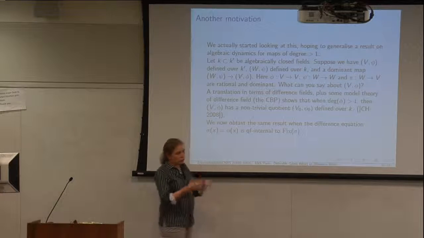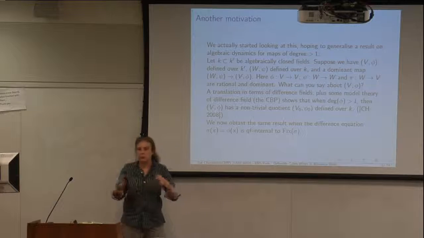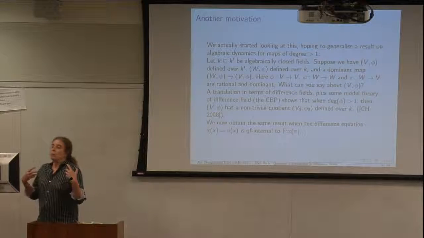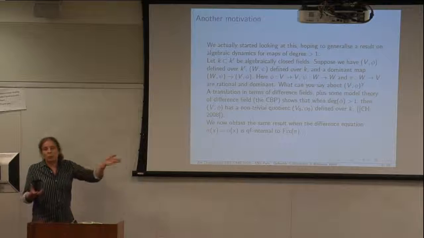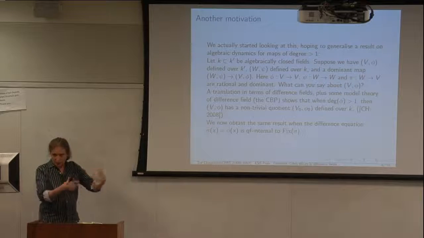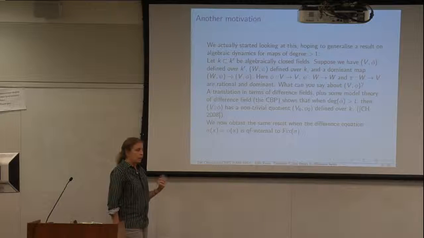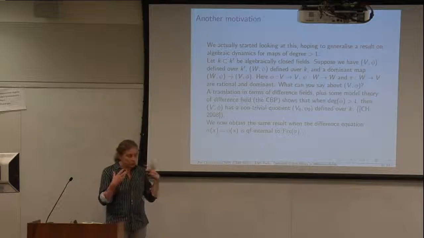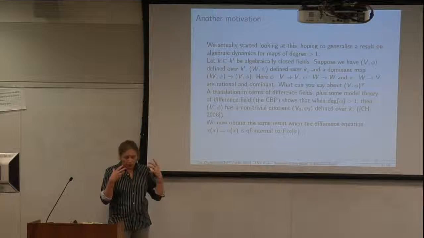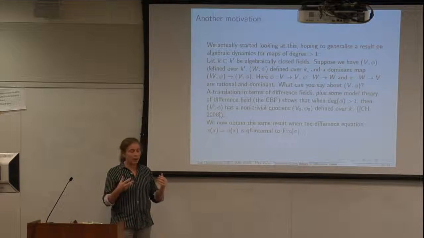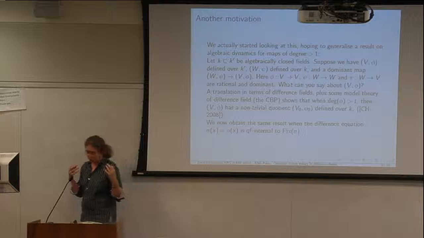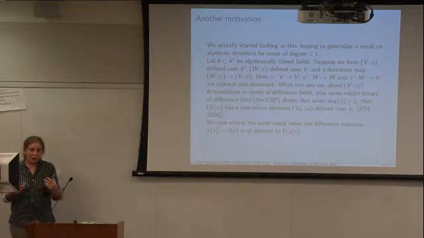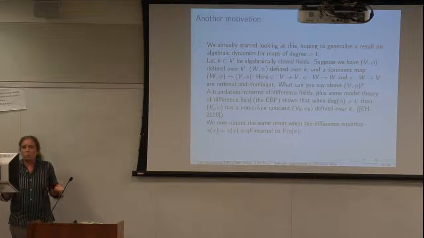Then you have a notion of morphism between these, which means an algebraic morphism between the underlying varieties which commutes with the transition maps. Problems about these things can be translated into problems about difference fields, and so you can answer certain questions.